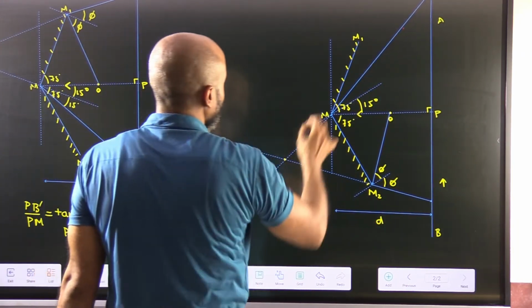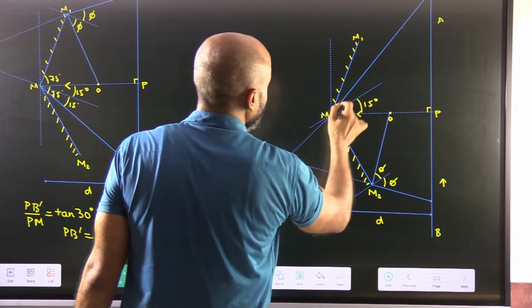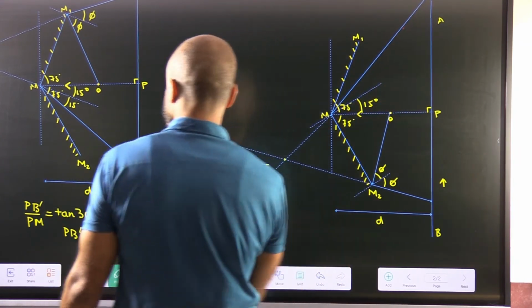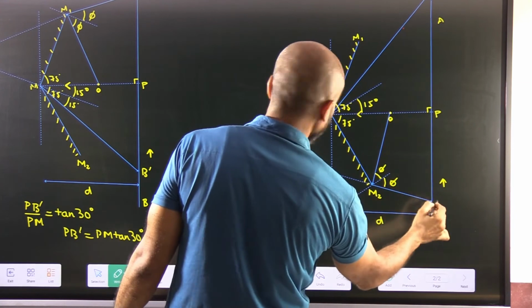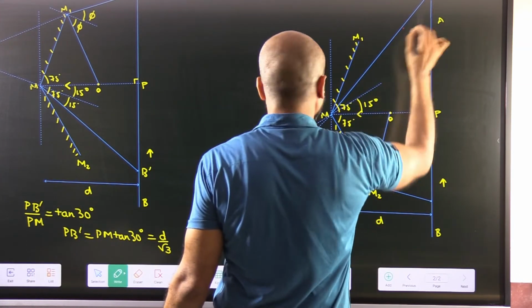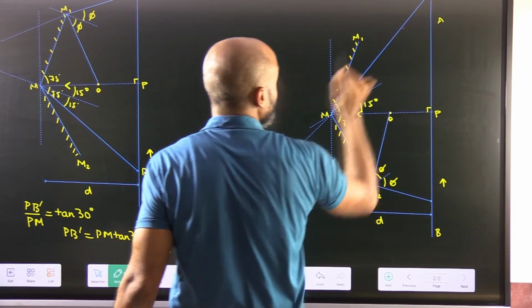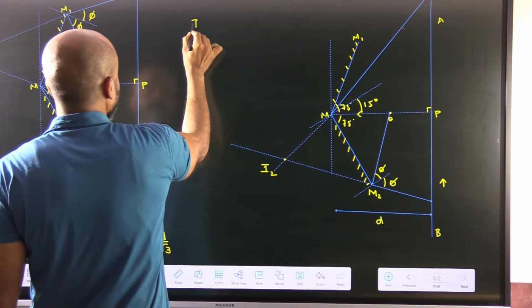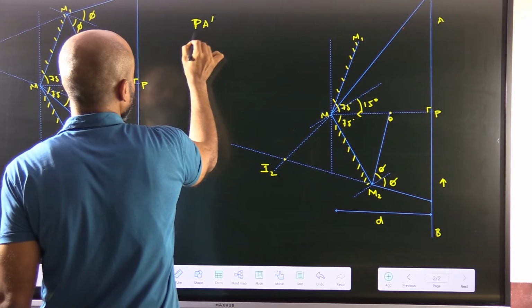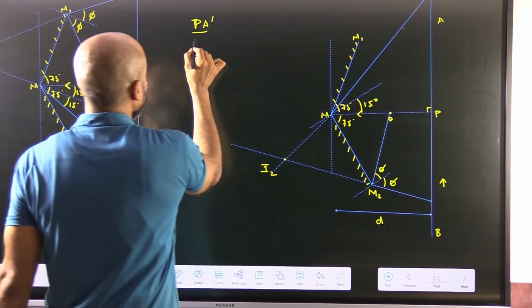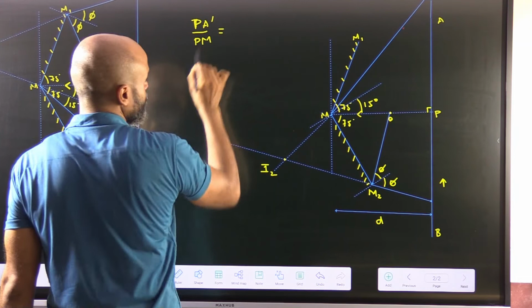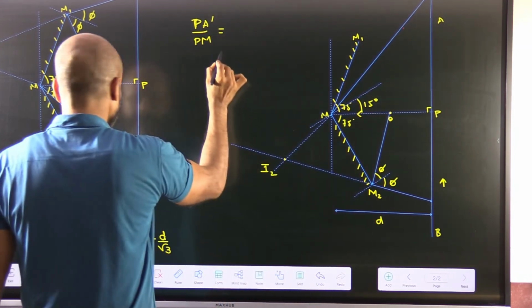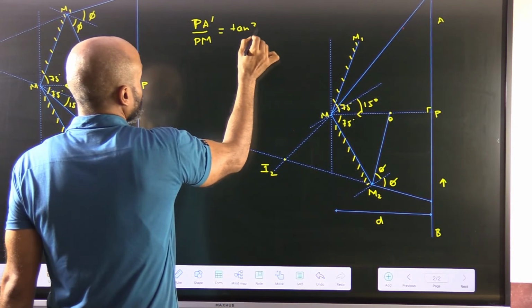Okay, so now in this triangle, we do the same thing here as we did for PB dash, now for PA dash. So PA dash by PM is going to be again tan of 30 degrees.